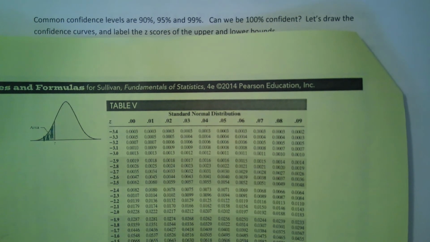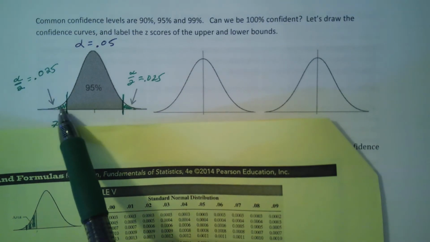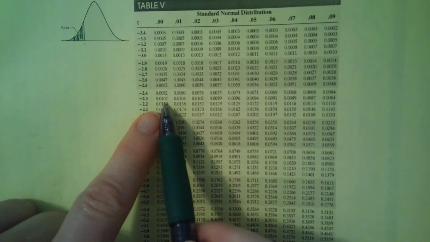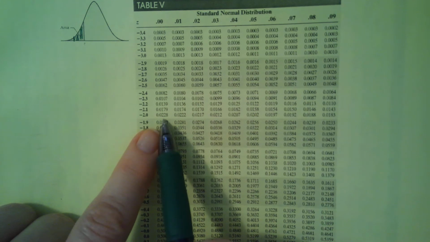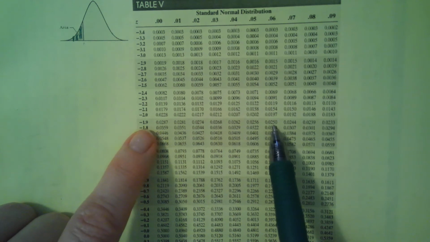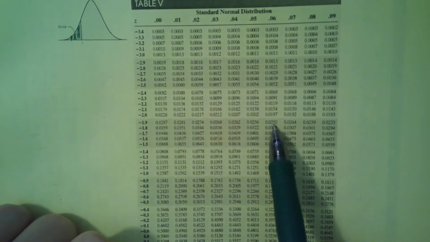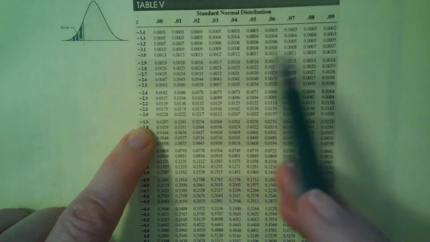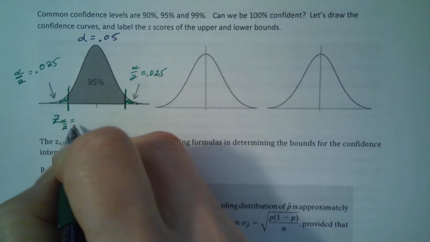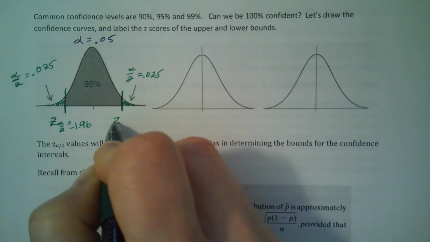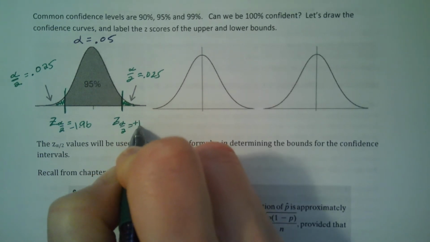If I look up a probability of 0.025, I'll find the z-score attached to that. It's right here, 0.025, which has a z-score of negative 1.96. And since it's equidistant from the mean, this z-score is going to be positive 1.96.